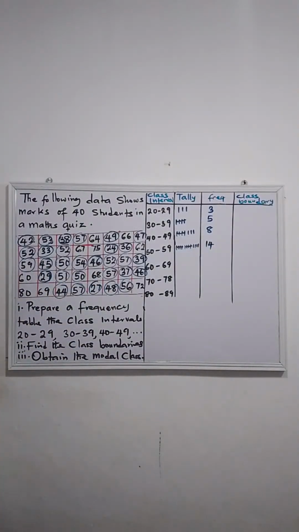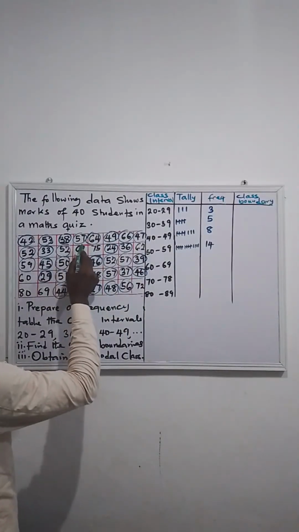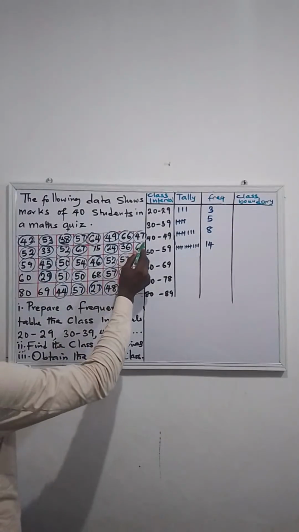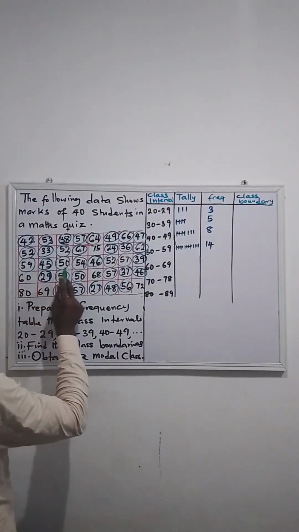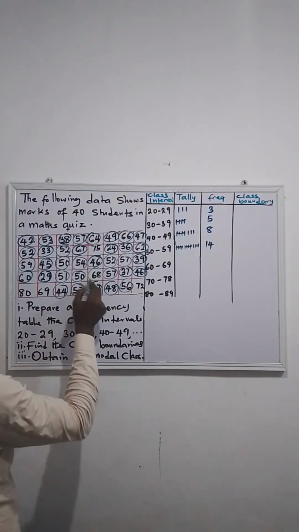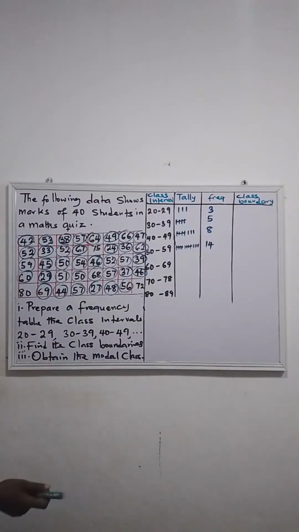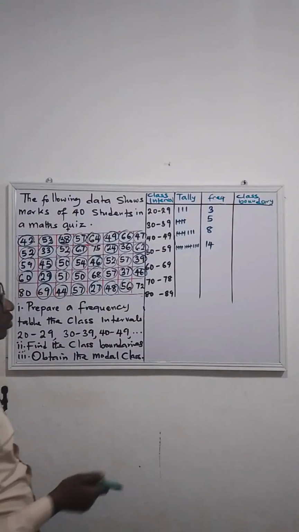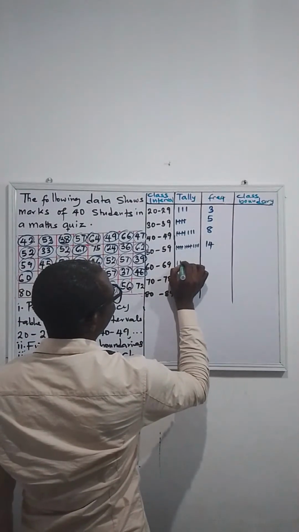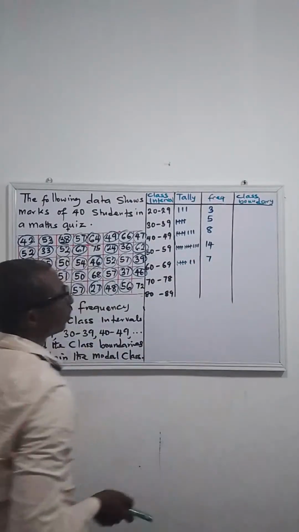All right, so the next one is from 60 to 69. We have 1, 2, 3, 4, 5, 6, 7. So we have 7 altogether. We have 7 here.